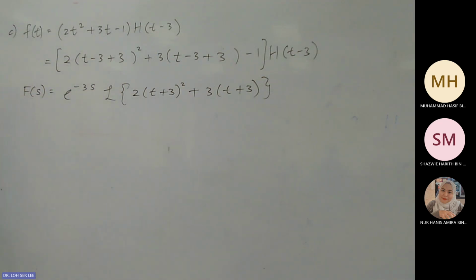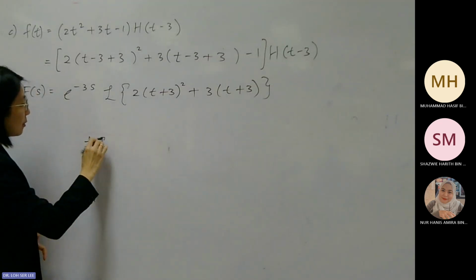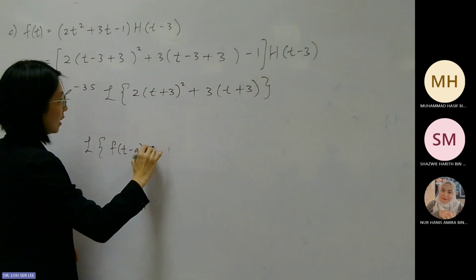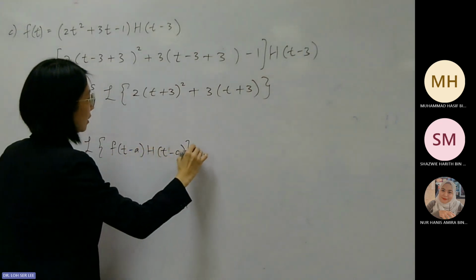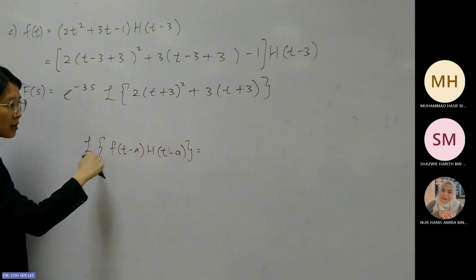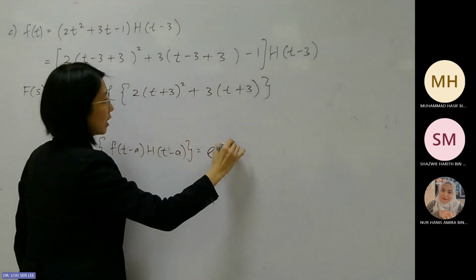When we start to Laplace transform, we will take out the minus 3. Just like the formula, Laplace of f(t minus a) h(t minus a) is, when we Laplace transform this kind of function, we will take out the minus a to form the e to the minus as.